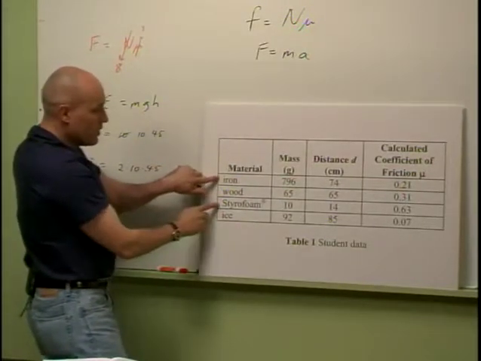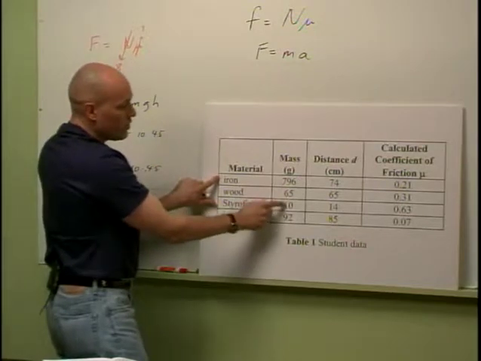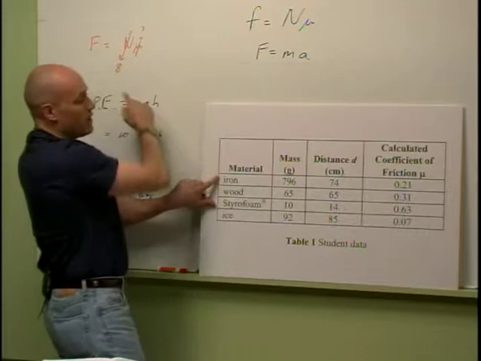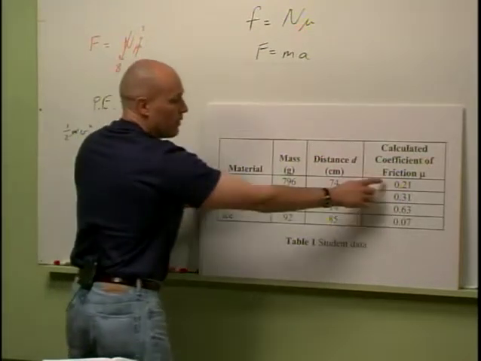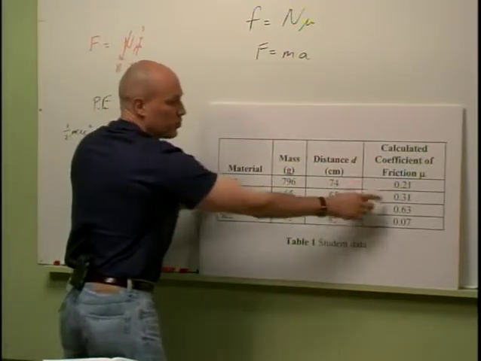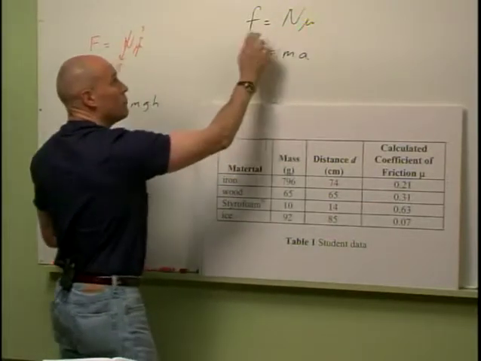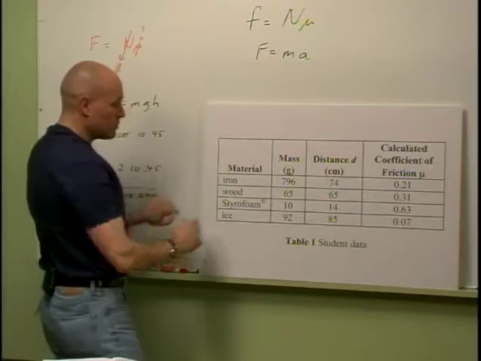So ice is out. Styrofoam we see that the iron block is 80 times heavier. I put 8 here, but it's 80 times heavier. And the coefficient of friction for styrofoam is only 3 times greater. So 80 here and 3 here means that the force of friction for styrofoam is going to be weaker.